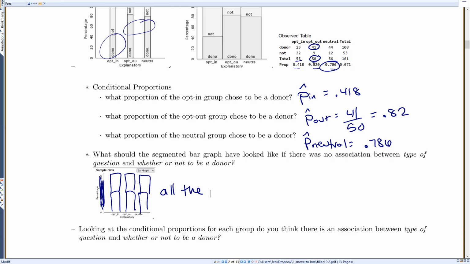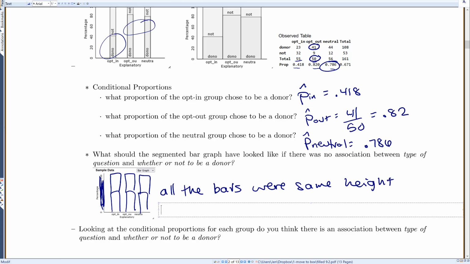So all the bars were the same height. That's what you'd expect if there was no association. You'd expect each group to have the same proportion of donors if there is no association.